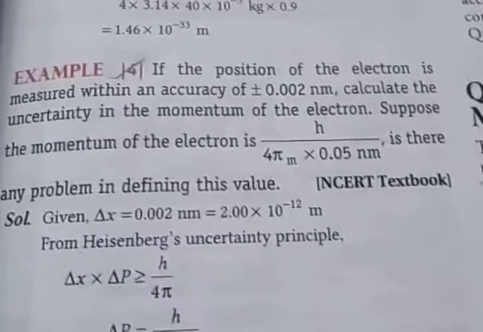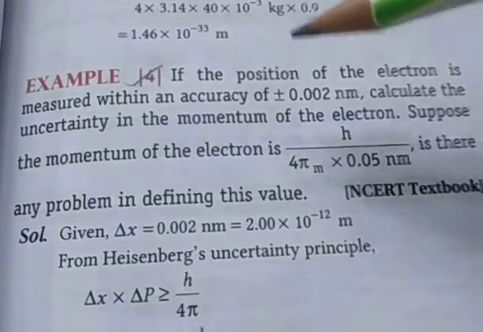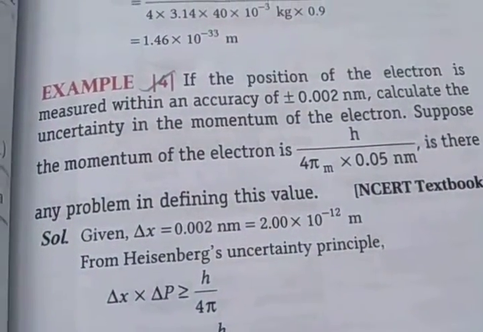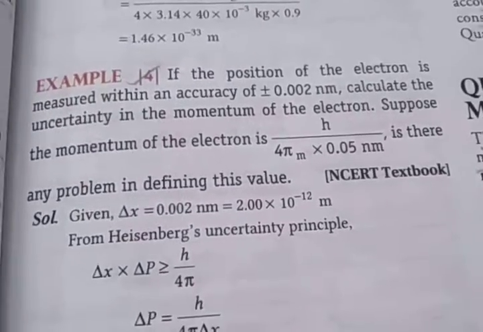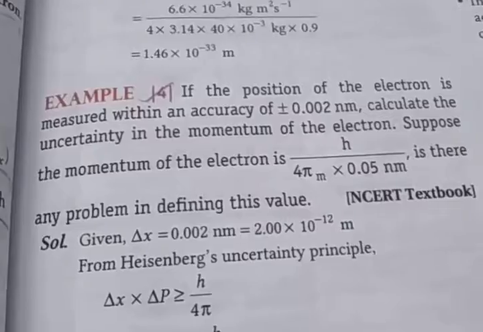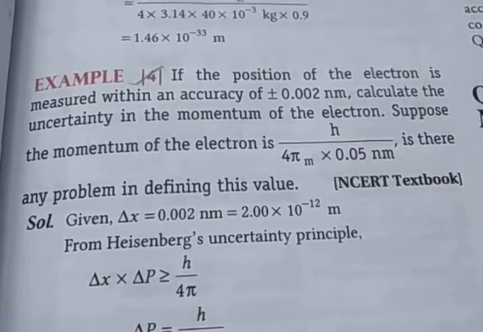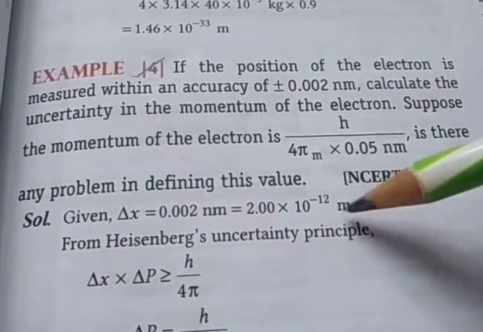Then next question is, if the position of the electron is measured within an accuracy of ±0.002 nanometer, calculate the uncertainty in the momentum of the electron. Suppose the momentum of the electron is h/4π × 0.05 nanometer. Is there any problem in defining this value?